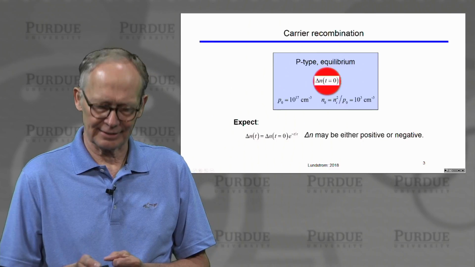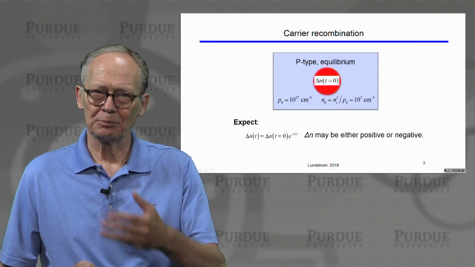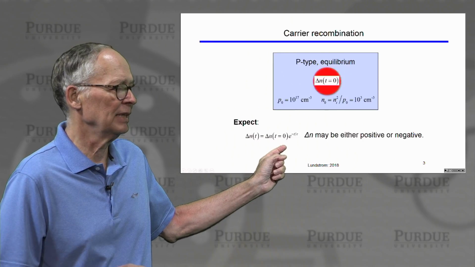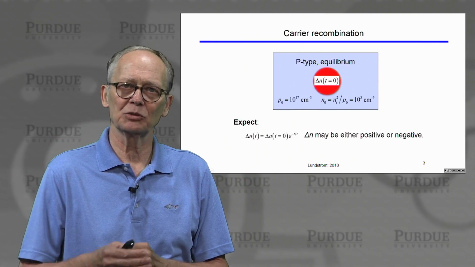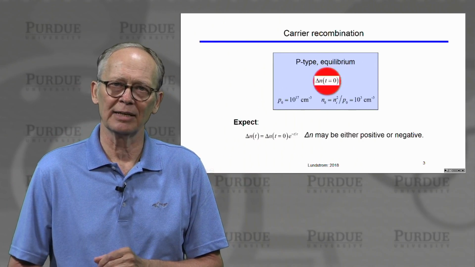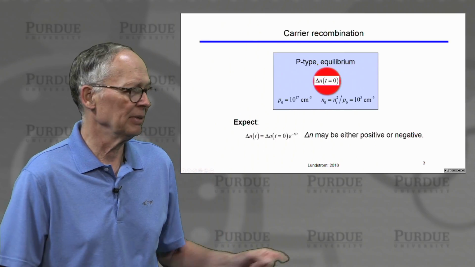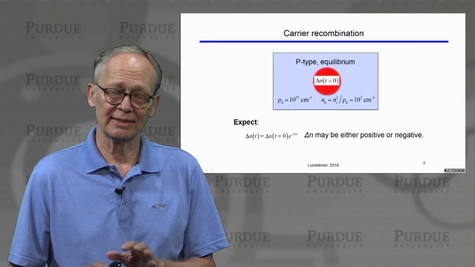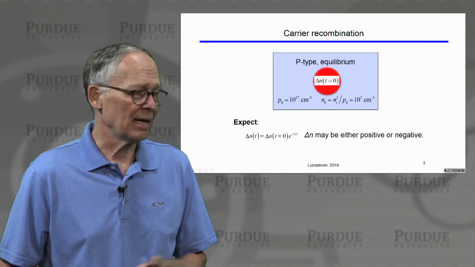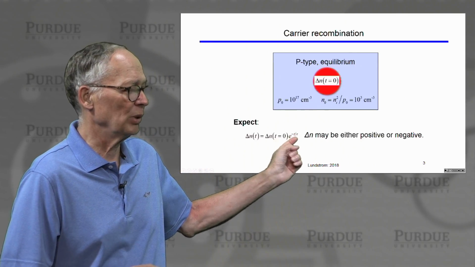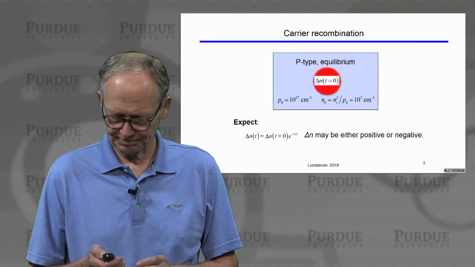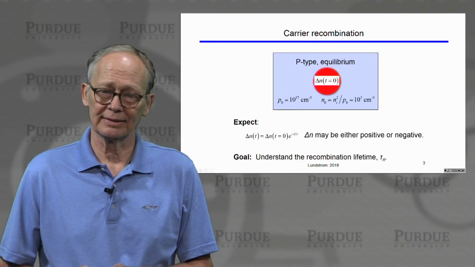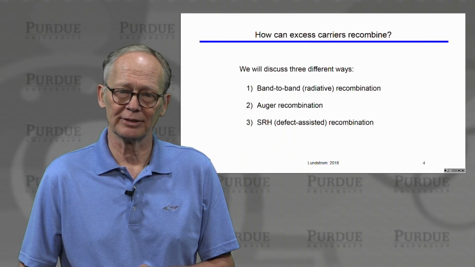So we might guess that if we perturb this system by adding some excess carriers at time t equals 0, the number of excess carriers will decay exponentially with time to get us back to equilibrium, and there will be some characteristic time. We're going to see that this is indeed the case, and we're going to try to understand what that characteristic time is. So that's our goal, to understand that recombination time.